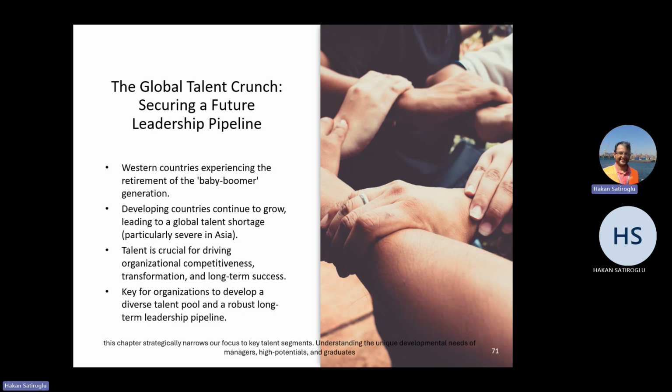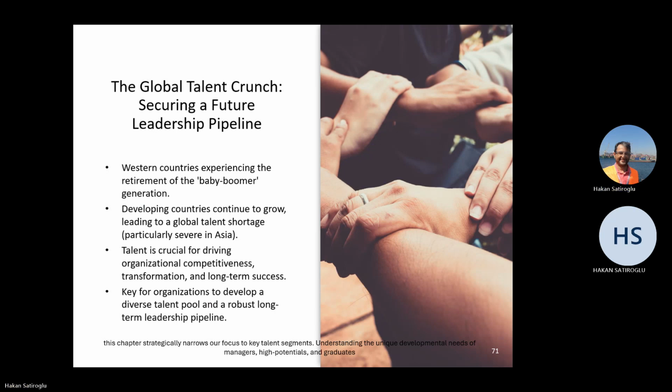Looking at this globally, Western countries at the moment have an aging population, and the baby boomer generation is more prominent. Developing countries, on the other hand, continue to grow, leading to a global talent shortage at the moment, particularly severe in Asia.